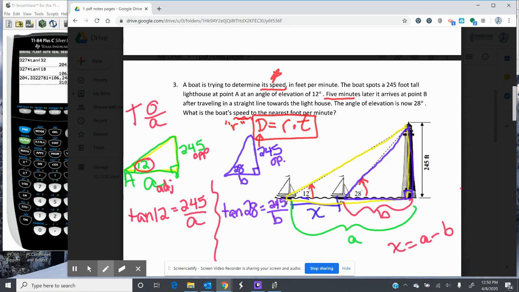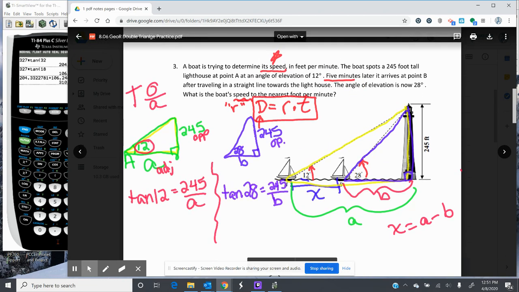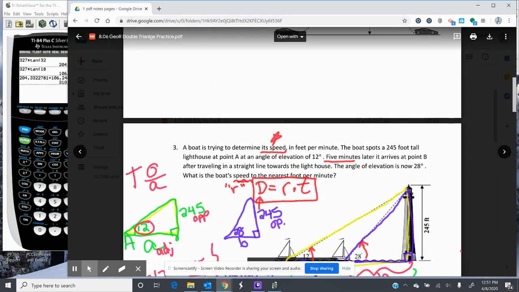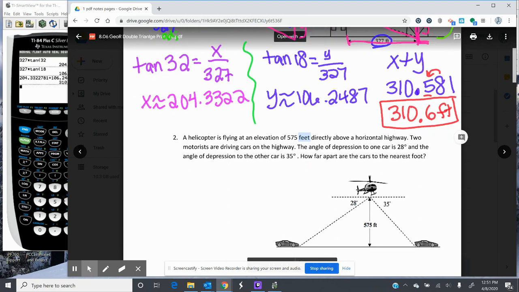Now to solve these, a little hint and a reminder is that the variable is in your denominator. You're going to end up dividing over here in your calculator. So A will equal 245 divided by tan 12. Now on the last question, our variable on number 1 there was in the numerator, so I had just cross multiplied.